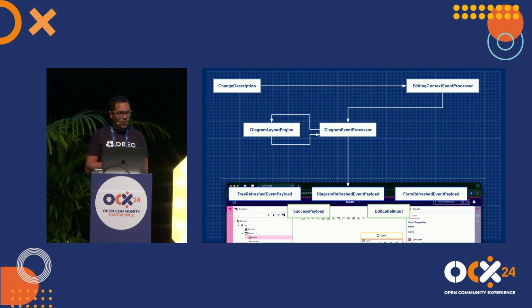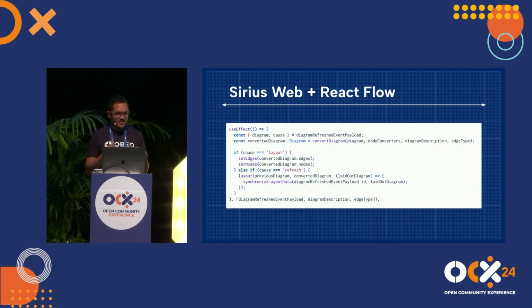So it changes the workflow of the diagram, because before we were computing the diagram in the back end from the beginning to the end: the new nodes, the new edges, and the new layout. Now we've changed our strategy. On the front end, when we receive the diagram refreshed event payload, we also have the cause of the refresh.